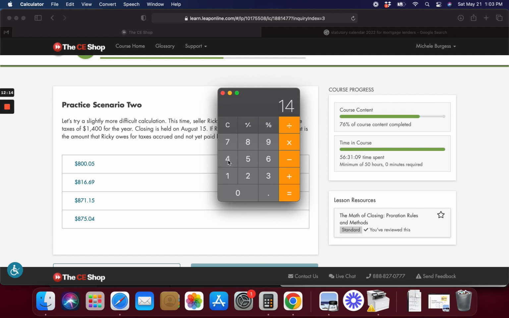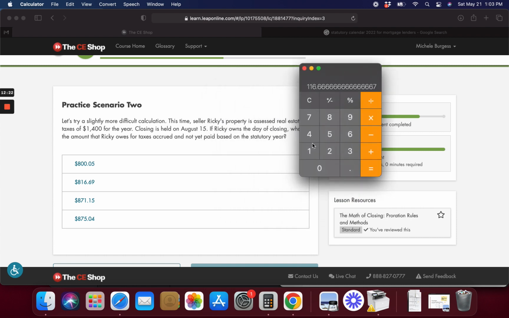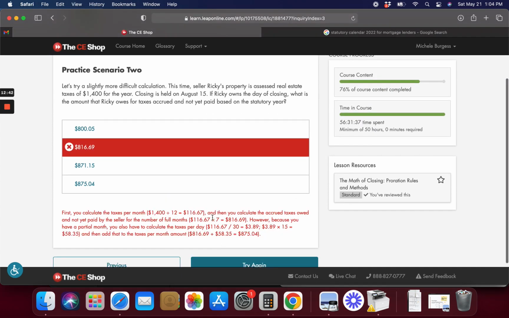It's 1,400 divided by 12. Right? It's 116 times 67. How many months did we say we got? 4.5. No, that's not right. Okay. Let's just guess and see.